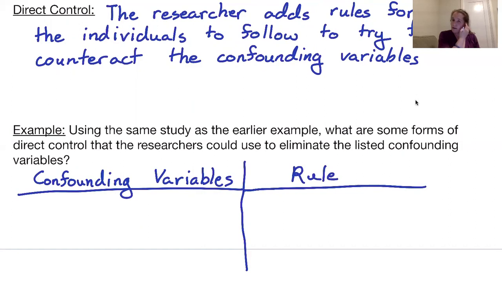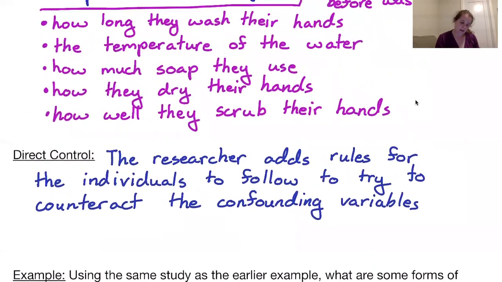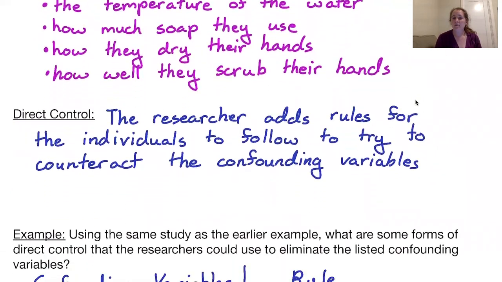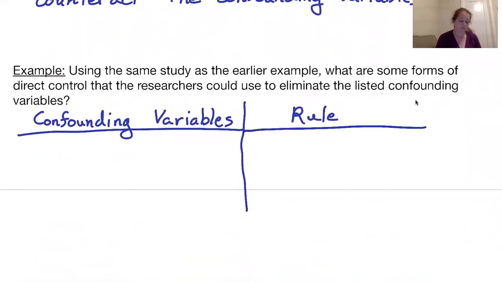So the first variable we had was the amount of bacteria on the hands before washing them.